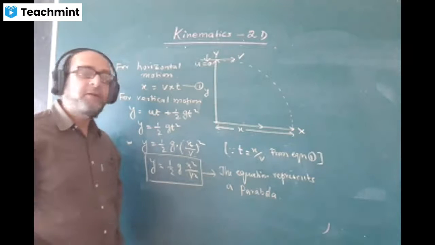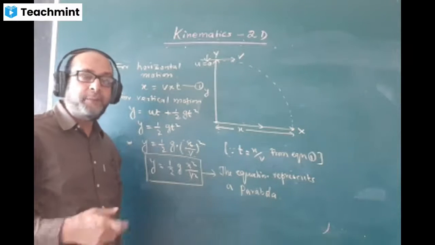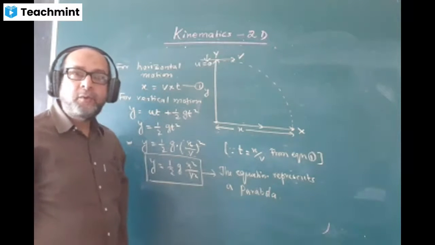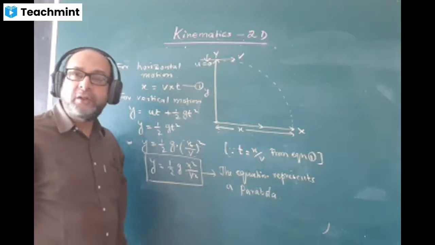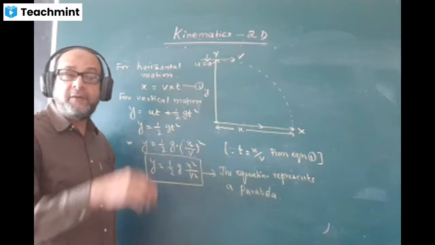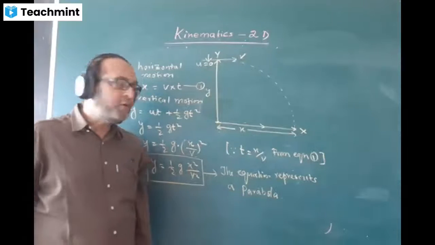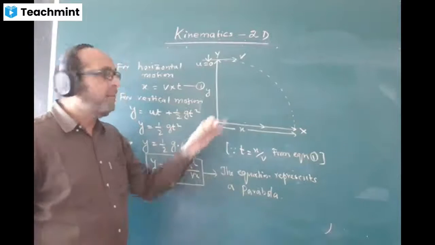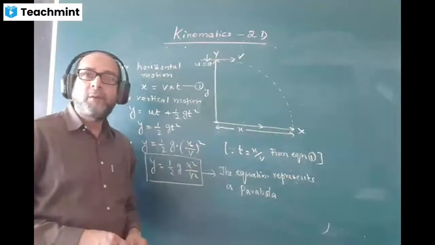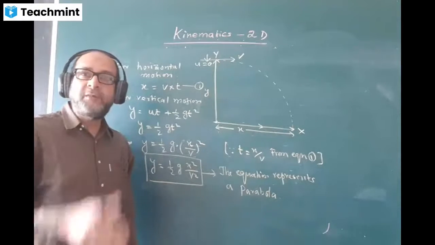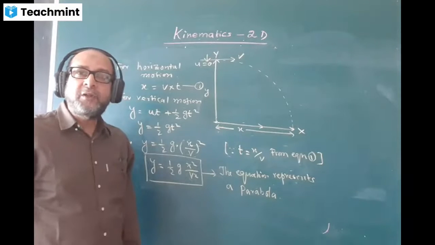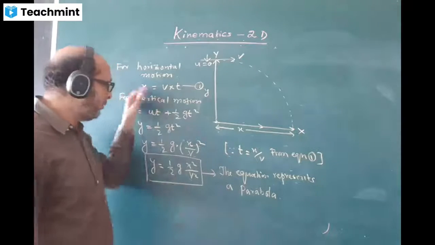If the question comes, show that the path of a projectile thrown at an angle theta with horizontal is parabolic, then you show the first one, find that equation. But if the question comes for a body lying at some height that is projected with a horizontal velocity, show that its path is parabolic, then you show this.